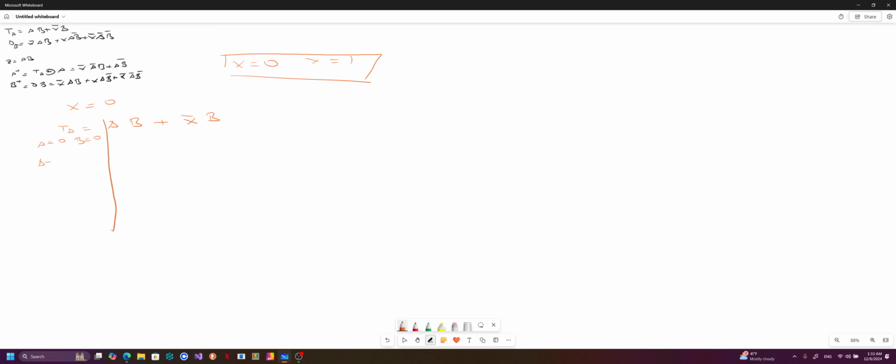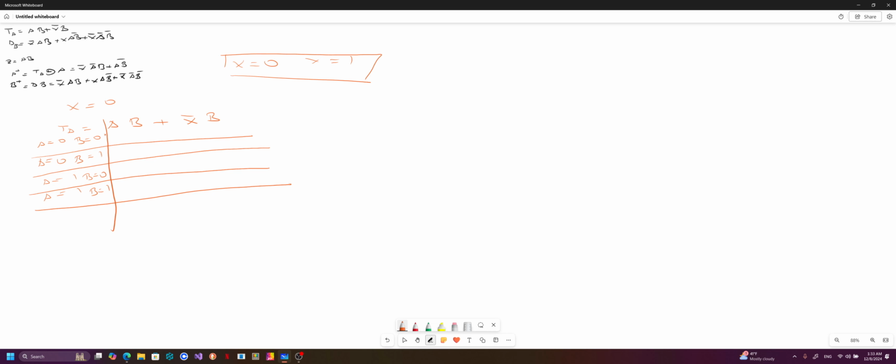Now A equals 0, B equals 1, A equals 1, B equals 0, A equals 1, B equals 1. Let's draw the line so it can be read easily.